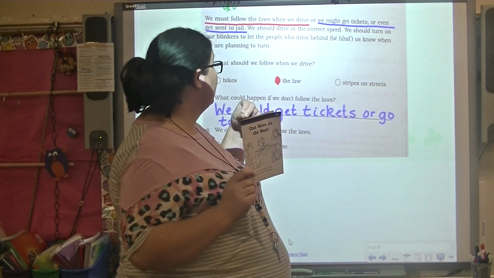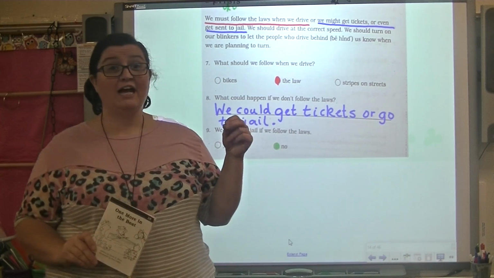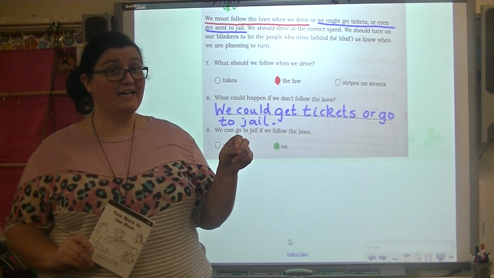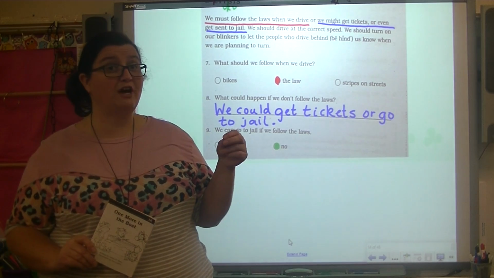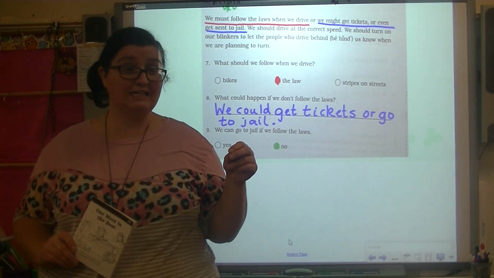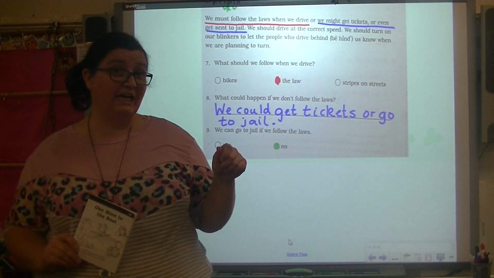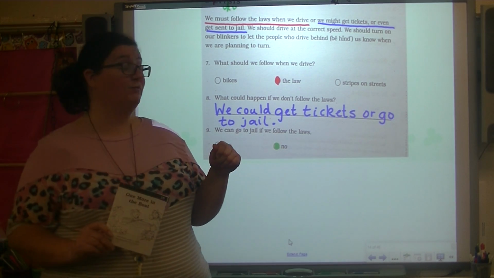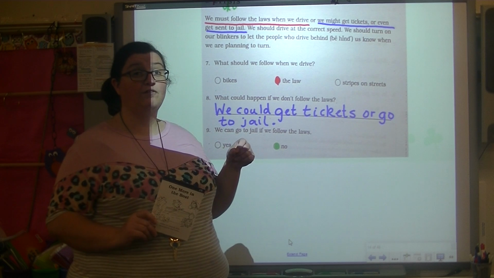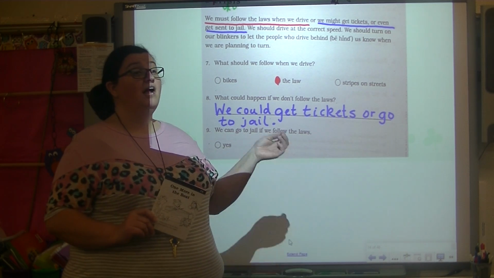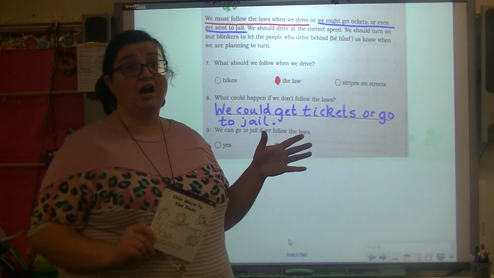Also, you can go back through your packet and go through all the sight words on the back side of those papers because some of those may be used in sentences on the test where you would fill in the blank using the sight word, those sight words we've been going over every day in our lesson.